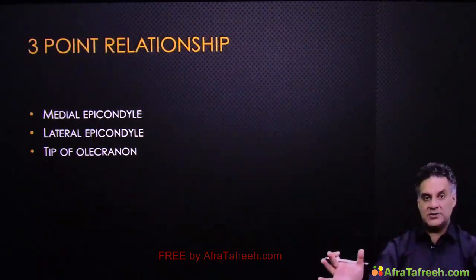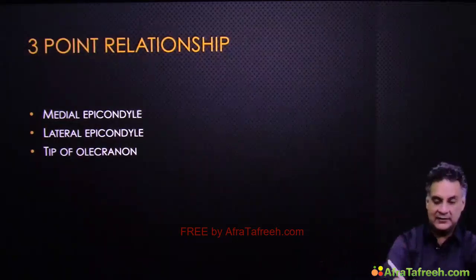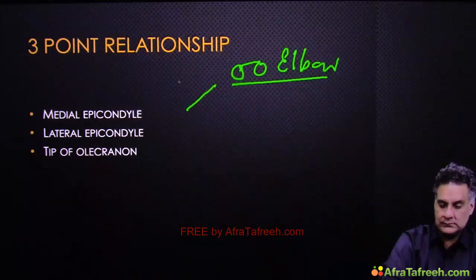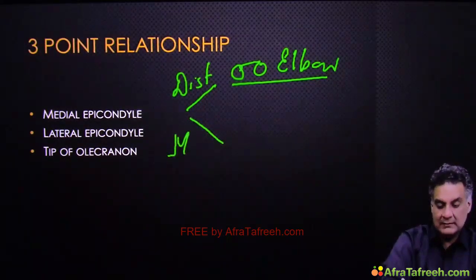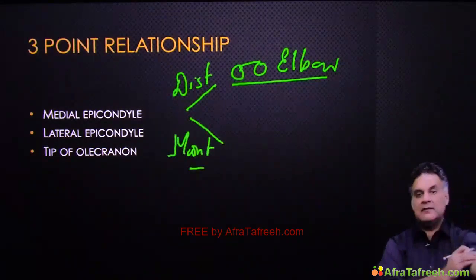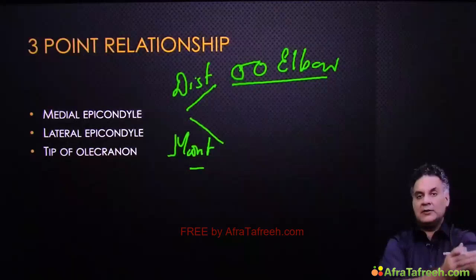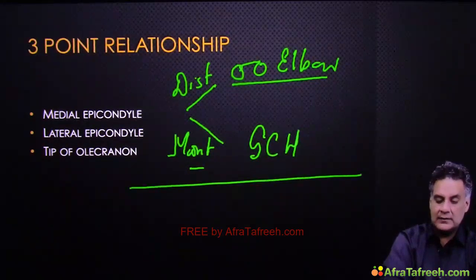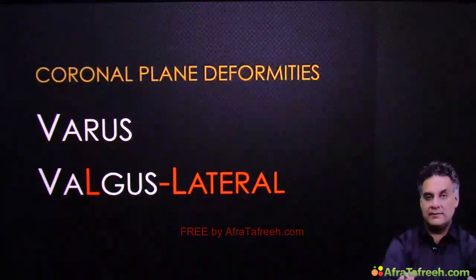The 3-point relationship is classically disturbed in dislocation around the elbow. And the 3-point is classically maintained when the injury occurs above or below the level, like supracondylar humerus fractures. These are the questions which are very commonly asked.